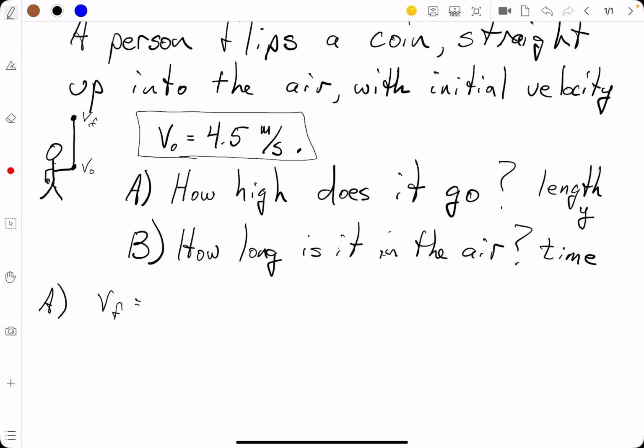So V final equals 0. We know V initial, we know g, which is our acceleration, and we're asked for how high it goes, so we're asked for delta y, or you could say delta y equals h for height. Delta y is nice and easy because we have these things. We don't have time. If you don't have time in the givens or what you're asked for, then the chances are this is the equation you want to use.